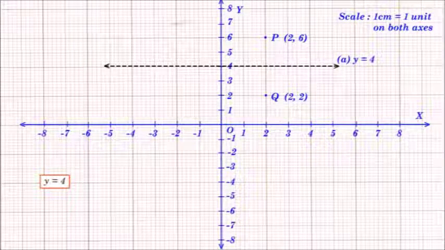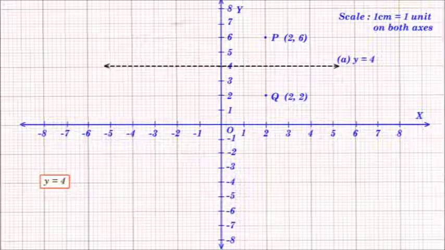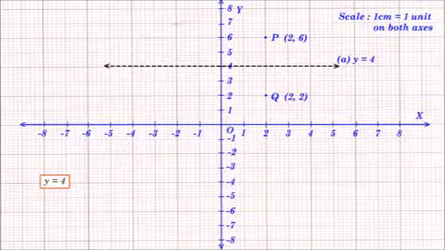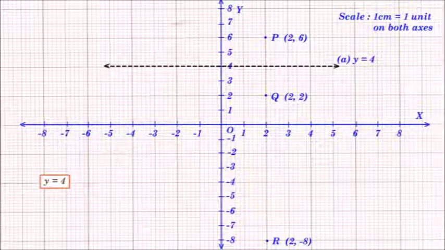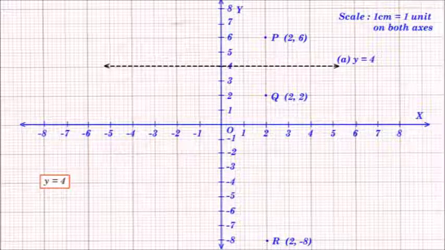Now let's take the second part in this. We have the point P with coordinates (2, 6). It is reflected to the point R with coordinates (2, -8). Again, the x coordinate is the same, but the y coordinates are different. Now take the difference. We have 6 minus of -8, that is 6 plus 8.